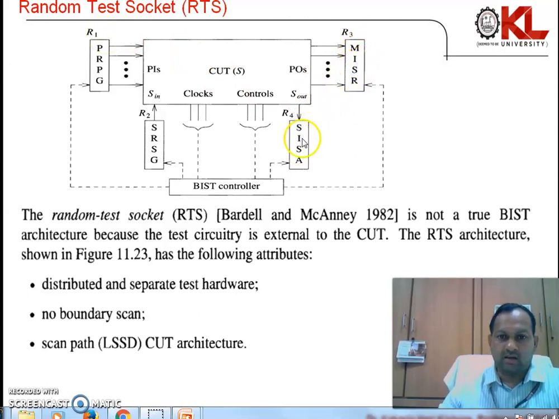When the data in R3 and R4 is mismatched, there is an error in the CUT or in one of the registers. When the data in the R3 and R4 registers is correct, it is a good circuit, meaning a fault-free circuit in BIST architecture. This is the operation of the BIST controller. It controls the sequence of the random test socket generator.